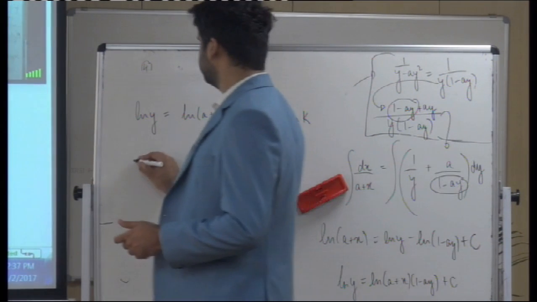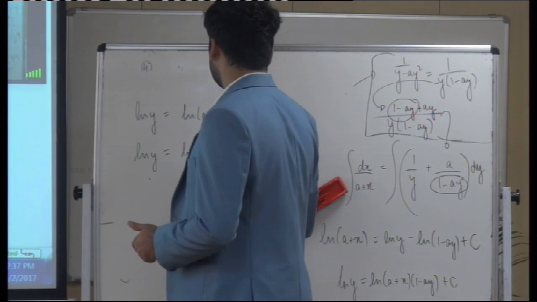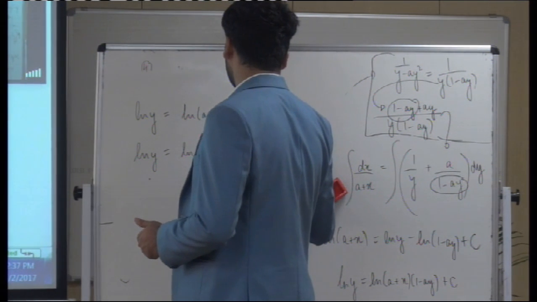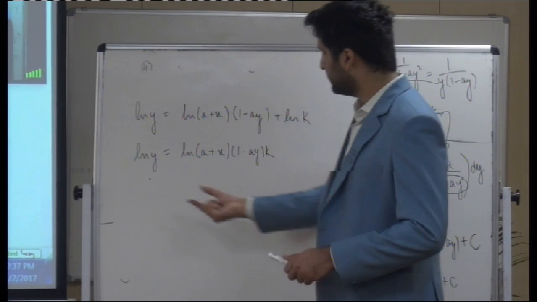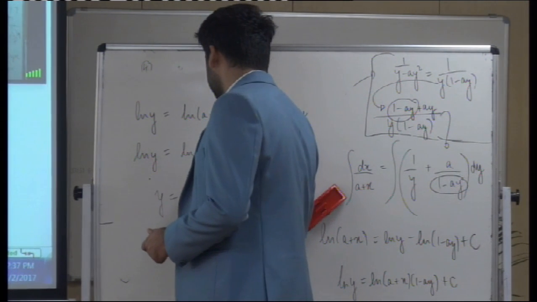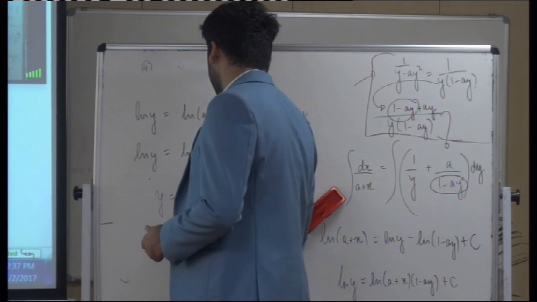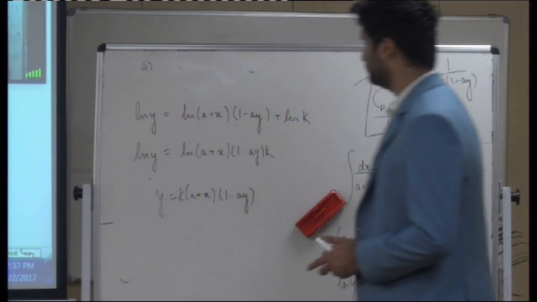So we'll get ln of y is equal to a plus x into 1 minus ay into a constant k. So now we can compare the quantities inside the log, which will give you y is equal to k times a plus x into 1 minus ay.